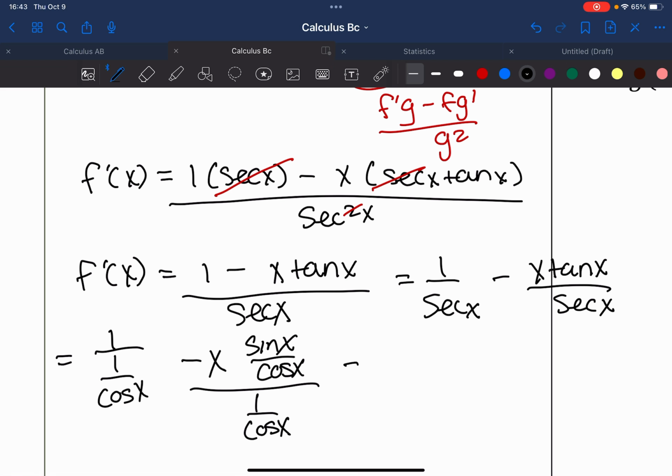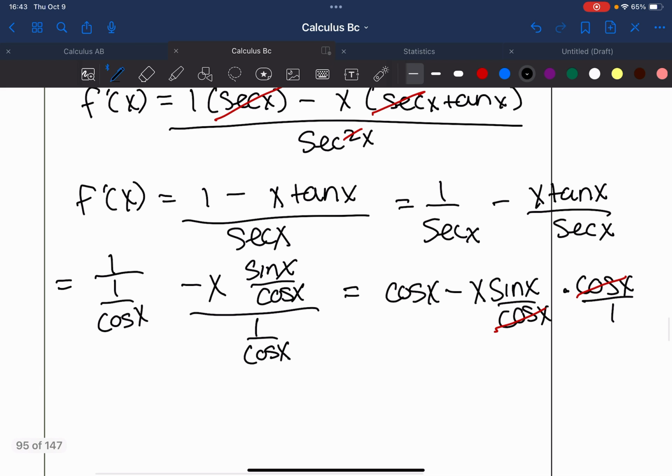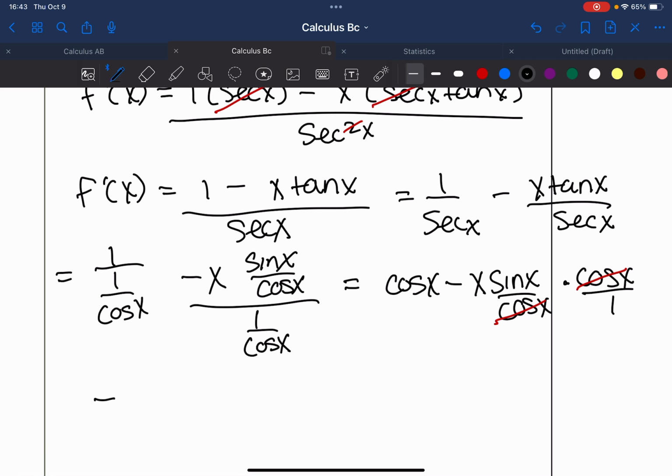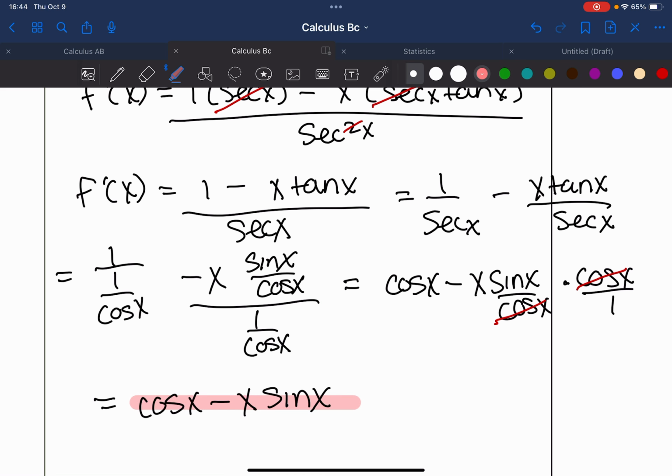From here, I can get cosine x minus x sine x over cosine x times cosine x over 1, which these cosines would cancel out. And then I could get cosine x minus x sine x as my derivative.